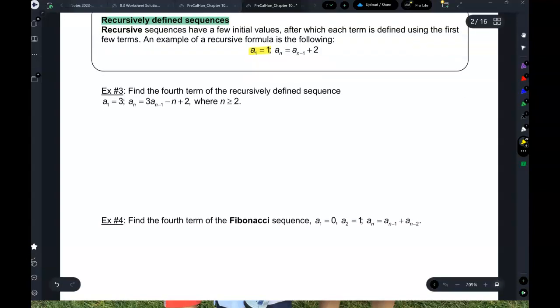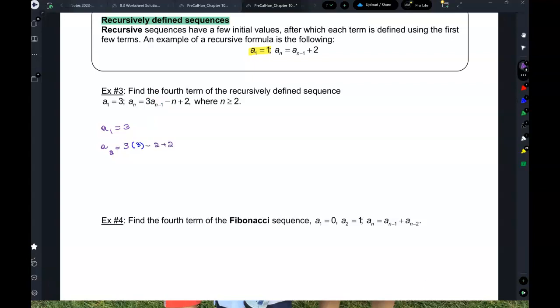So take a look here. Find the 4th term of the recursively defined sequence. A sub 1 is this. A sub n, you have this recipe where n is greater than or equal to 2. So here, let's do this. A sub 1 is 3. Now a sub 2 is 3 times the term before, which is 3, minus n, which is 2 here, plus 2.